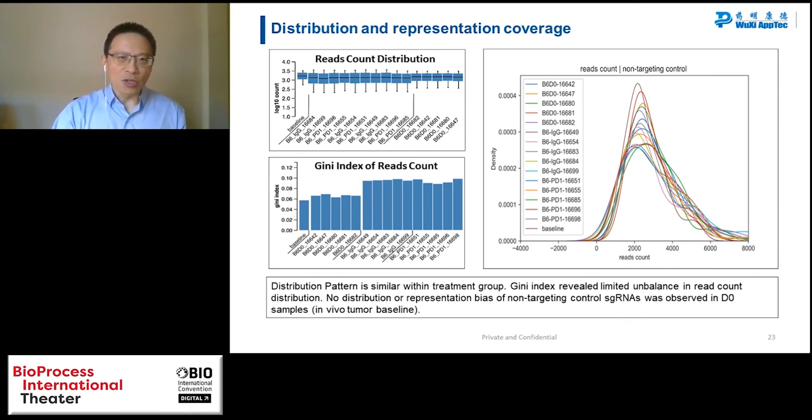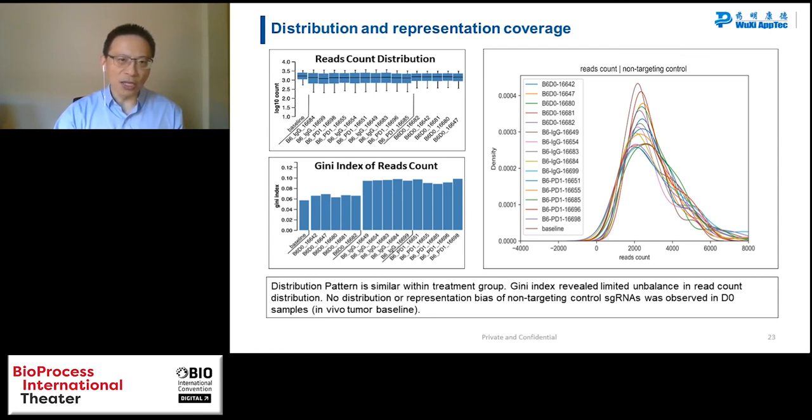Balanced distribution and sufficient coverage of the guides in the library is very important for eventual successful interpretation of the data. This is a QC analysis sample from the in vivo CRISPR screening I have just presented.